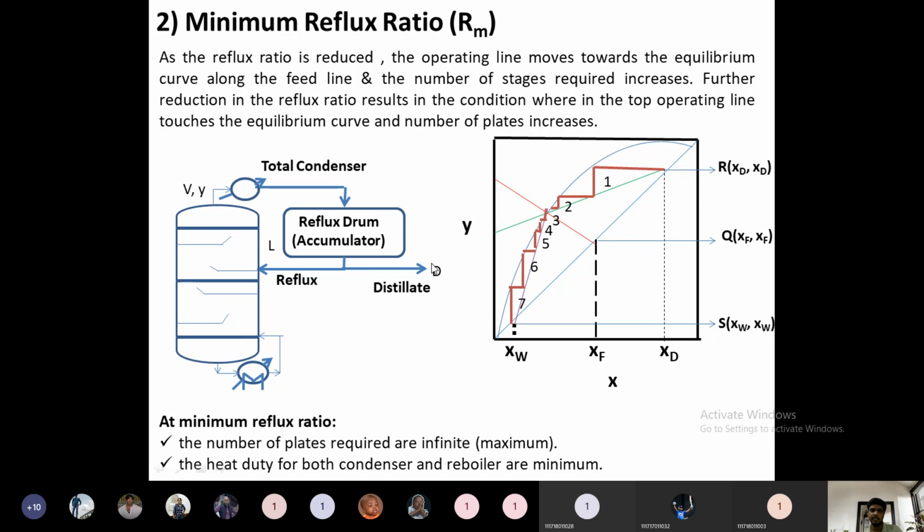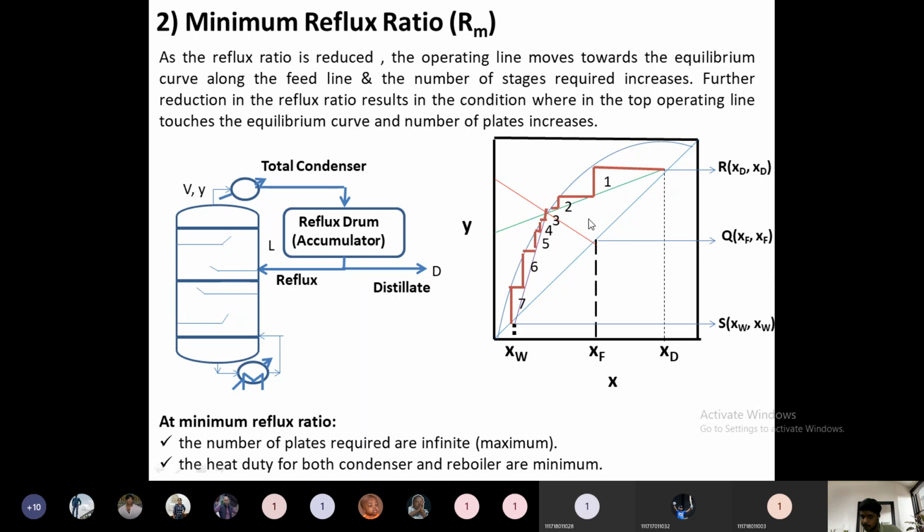When you do this type of operation, what will happen? The operating line will coincide with the equilibrium curve, it will come towards the equilibrium curve. In the previous case, for minimum reflux ratio, this green line and this violet line will coincide with this diagonal.